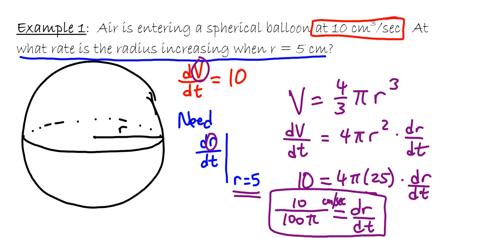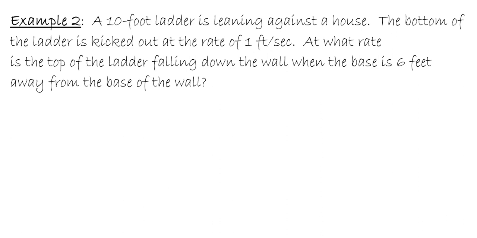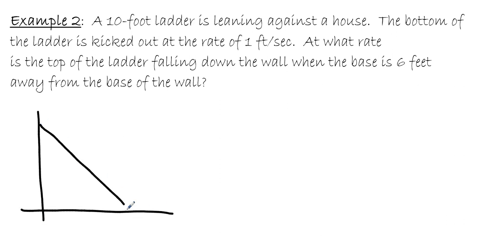I will throw a few more examples our way. A 10-foot ladder is leaning against a house. Here's the 10-foot ladder. The bottom of the ladder is kicked out at the rate of 1 foot per second. Well, how do we say that? Once the base of the ladder starts moving, this distance changes, this distance changes.